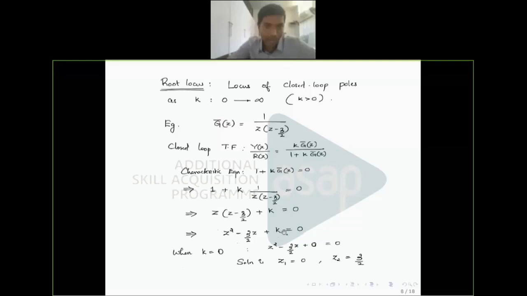So if this capital K is varied from 0 to infinity, how will the solution of characteristic equation move, or what values does this characteristic equation take if this capital K, which is basically the controller gain, is varied from 0 to infinity?